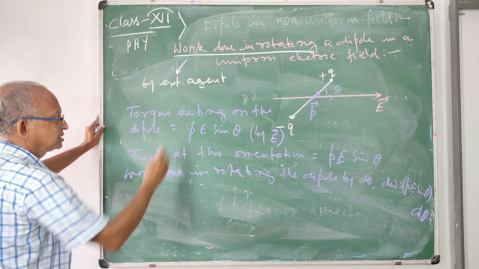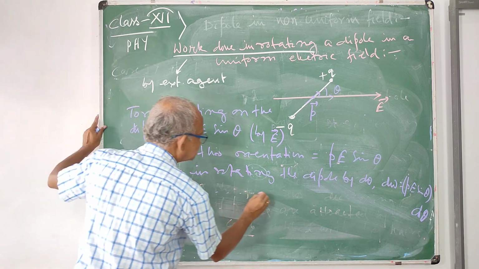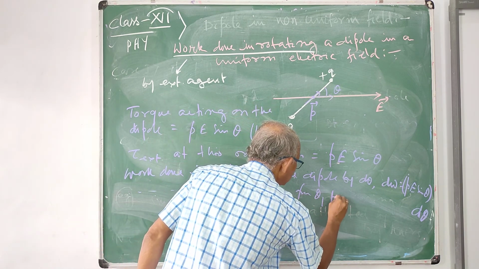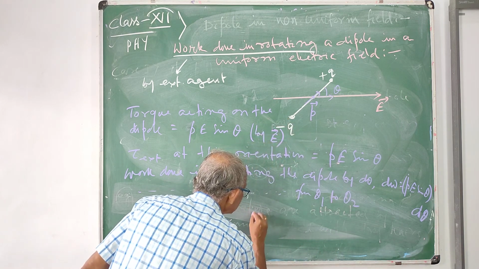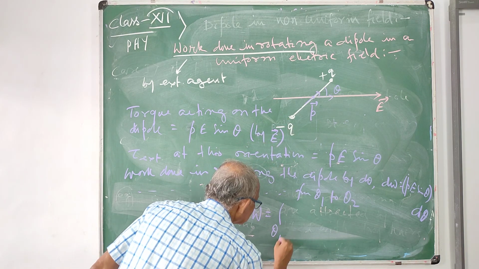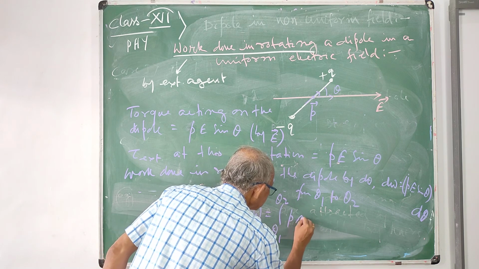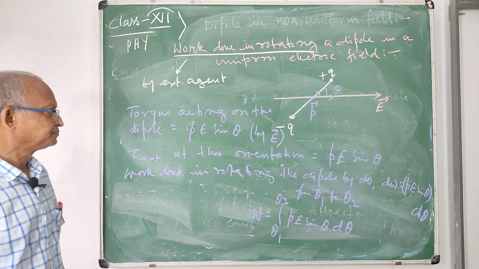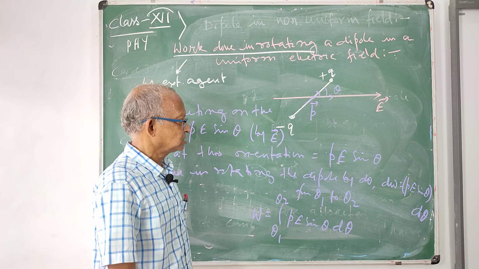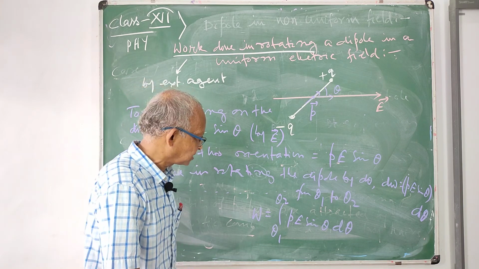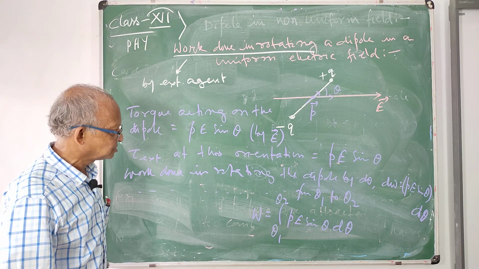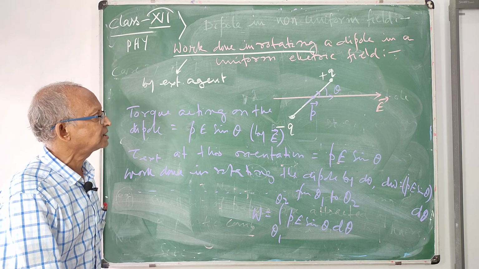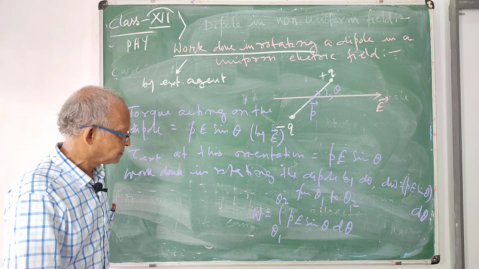Now our case requires work done in rotating the dipole from theta 1 to theta 2. That is, W equals the integration from theta 1 to theta 2 of P E sin theta d theta. Okay? The elementary work is P E sin theta d theta. So the total work done is from initial orientation theta 1 to final orientation theta 2. You understand? Theta 1 and theta 2 are the angles made by the dipole moment with the electric field. Then how much?